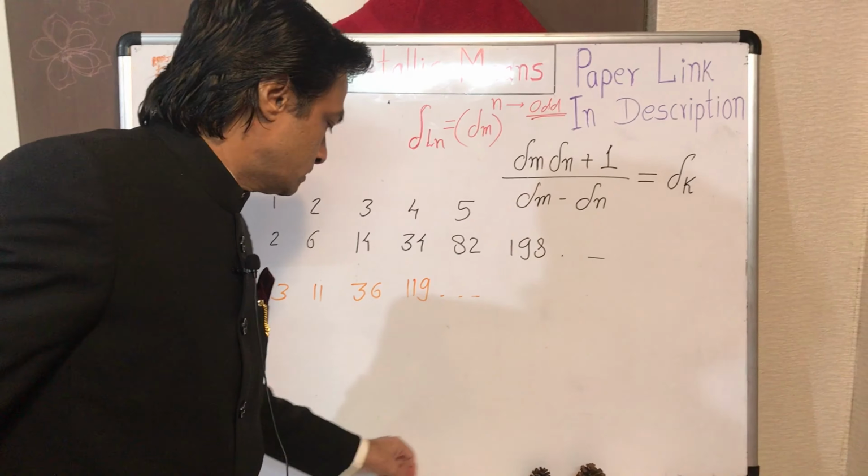For example, consider the Pell-Lucas sequence and any odd term of this sequence, like the first or third term or the fifth term. Consider 82. 82 is the fifth term of the Pell-Lucas sequence.